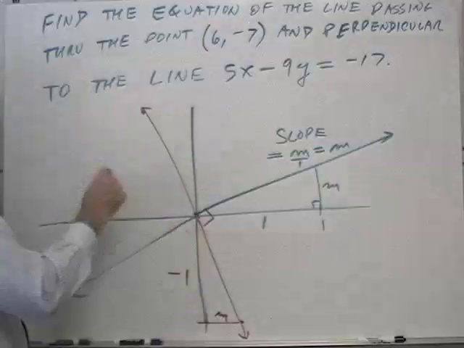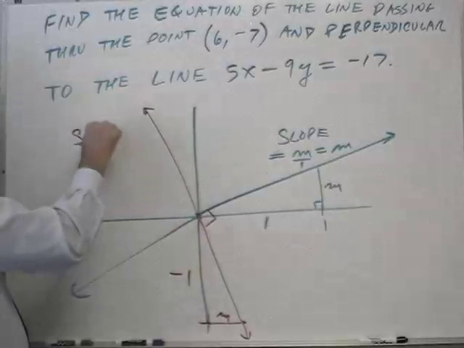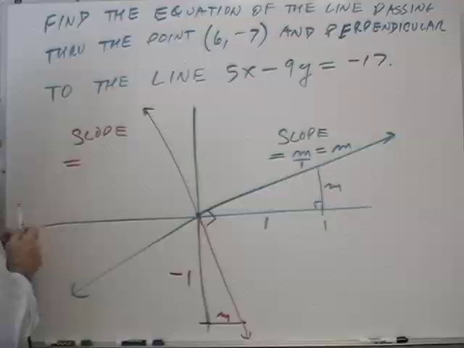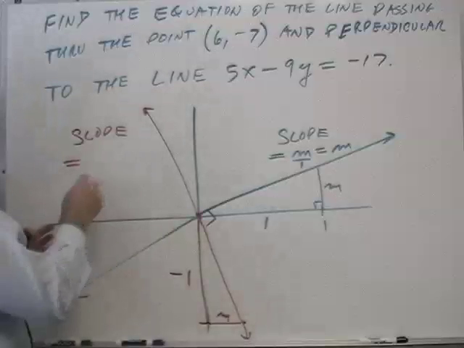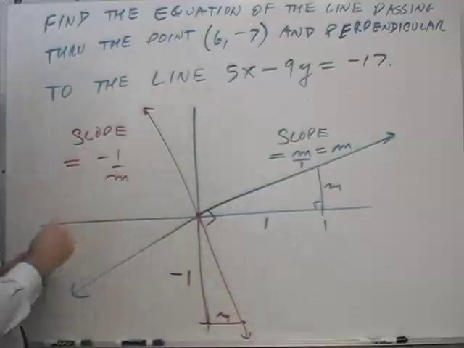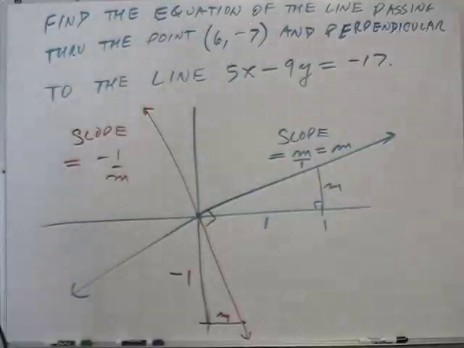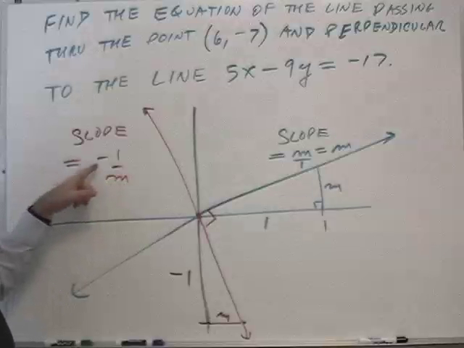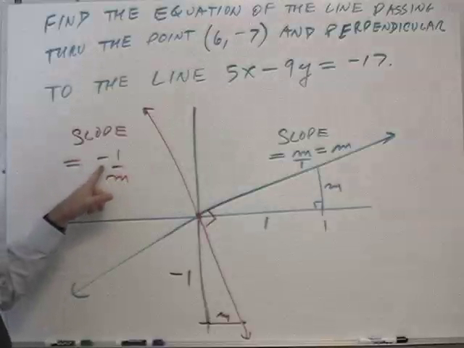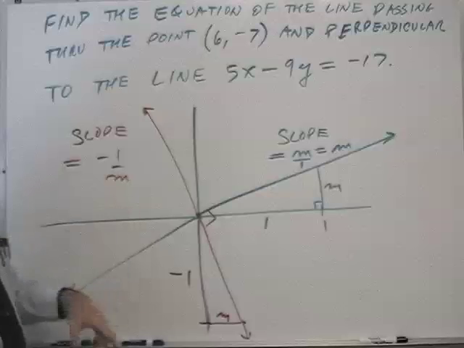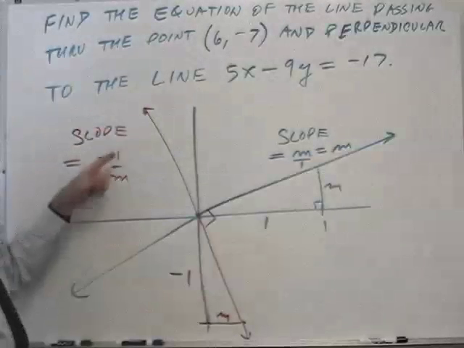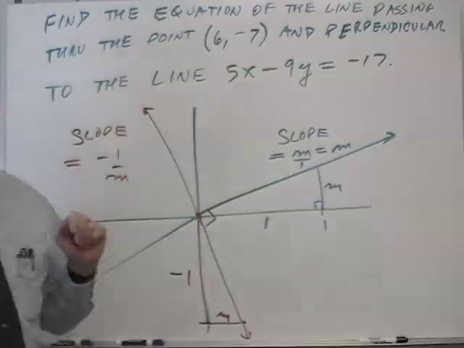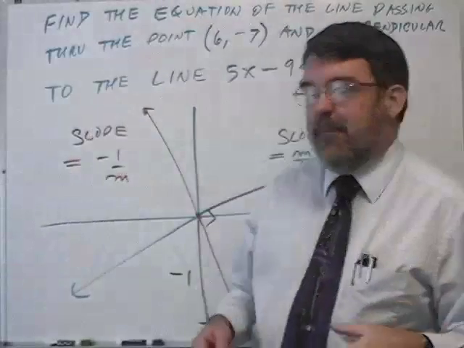So my red line here has a slope equal to rise over run, -1 over m. Well, that should do it, because if I know this slope, m, then this slope is what? It's the opposite sign, and it's the reciprocal of m. So we take this number, invert it, and change the sign, and that gives us the perpendicular slope.